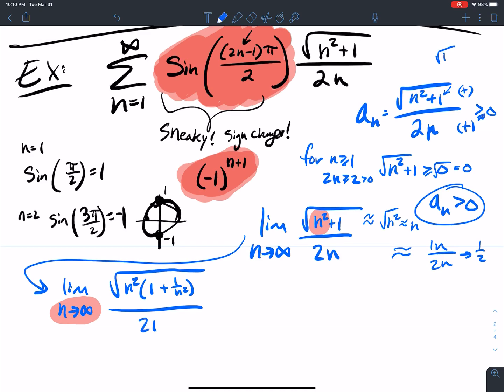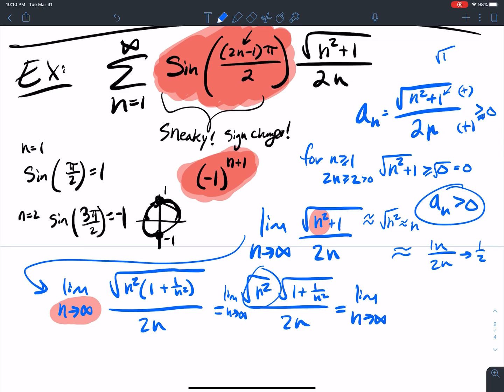That's really going to be helpful for us because now you're going to have the square root of n squared and the square root of 1 plus 1 over n squared. And your limit as n goes to infinity of this over 2n.